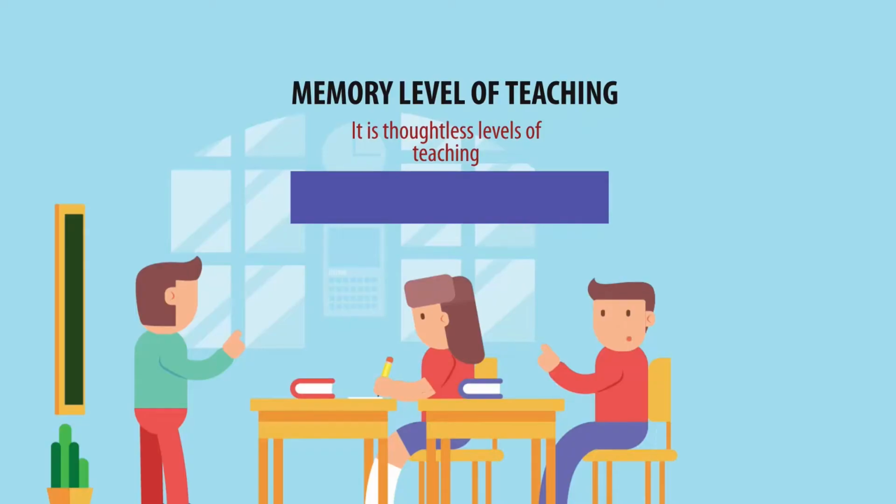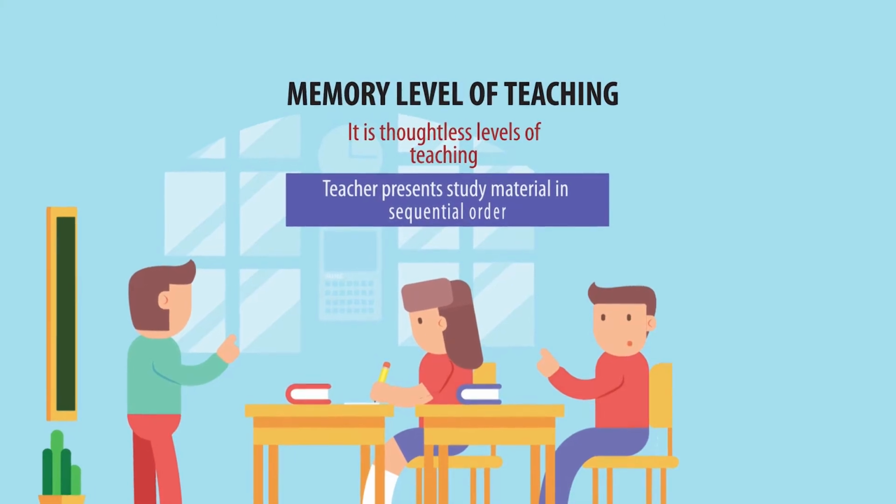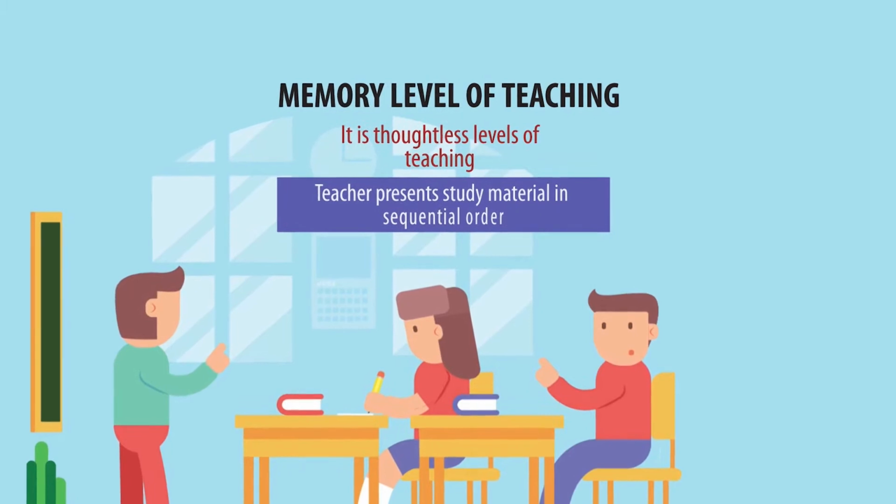Teaching is nothing but learning the subject matter by rote. The role of teacher is prominent and that of the student is secondary. The study material is organized and pre-planned. The teacher presents the study material in a sequential order which lacks insight.